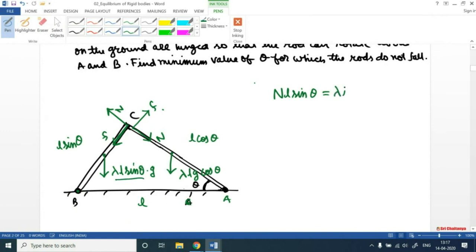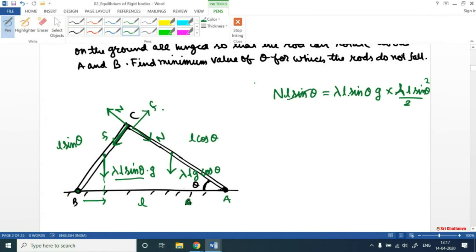That is lambda L sin theta into G, multiplied with its arm, which is L sin theta by 2, and the sine component of that gives sine square theta.